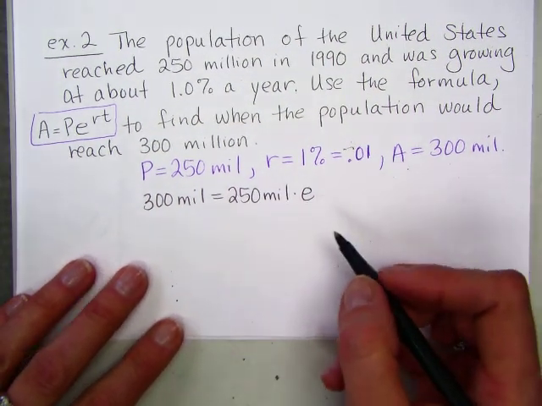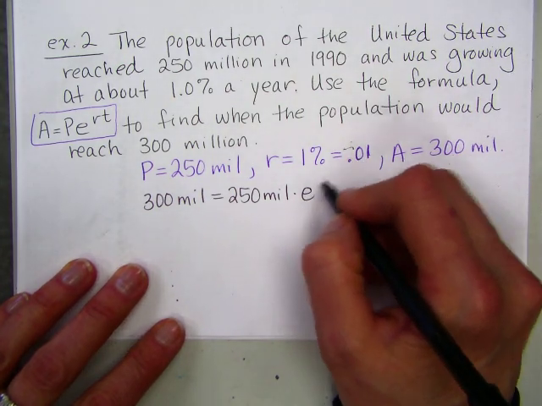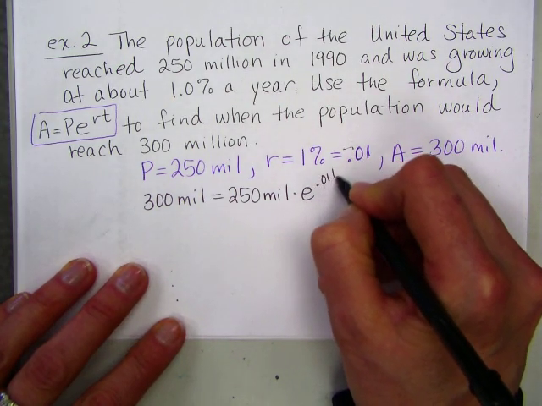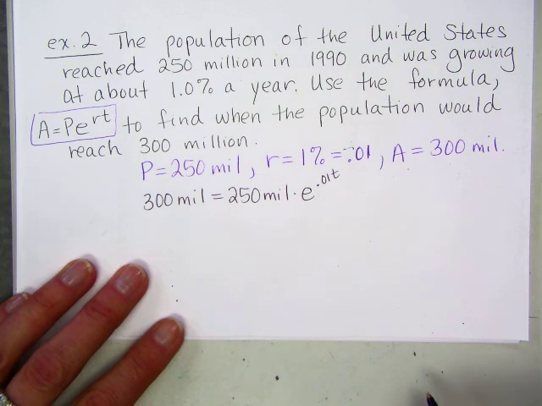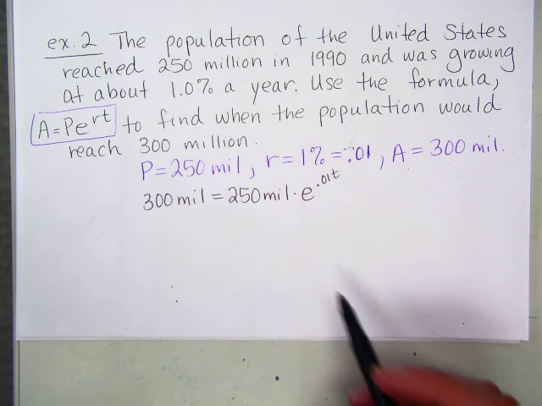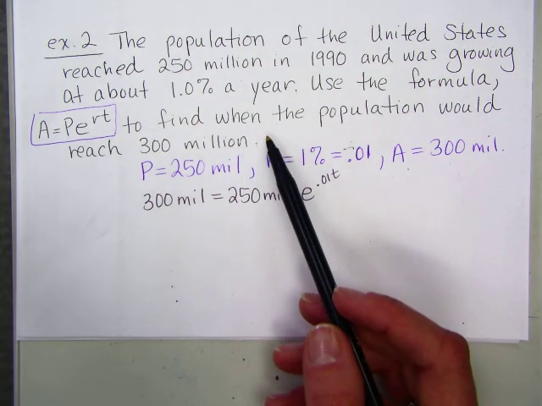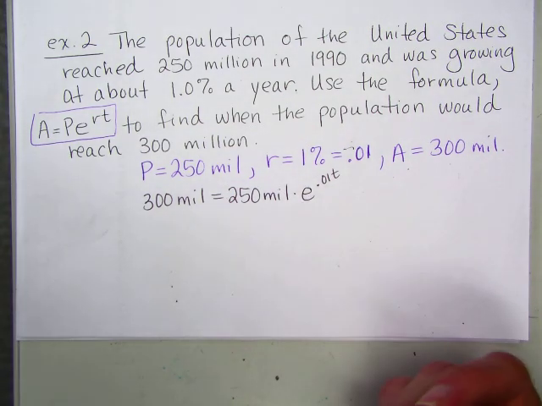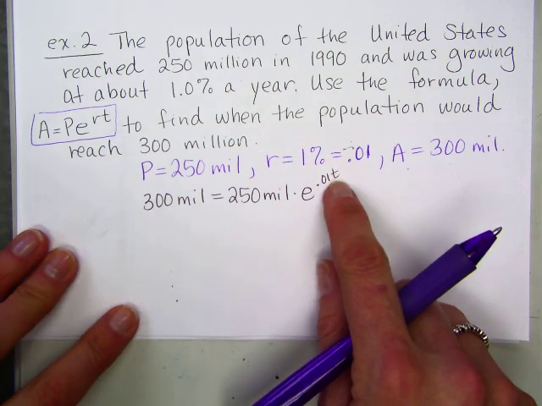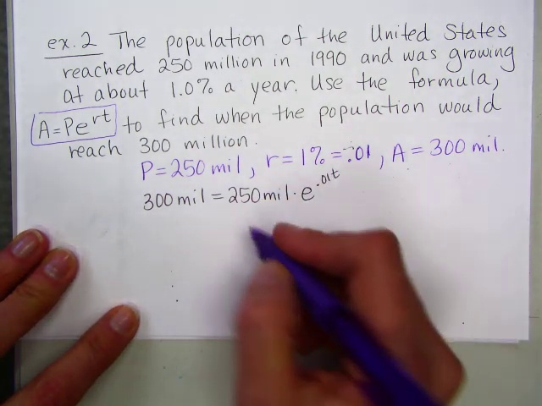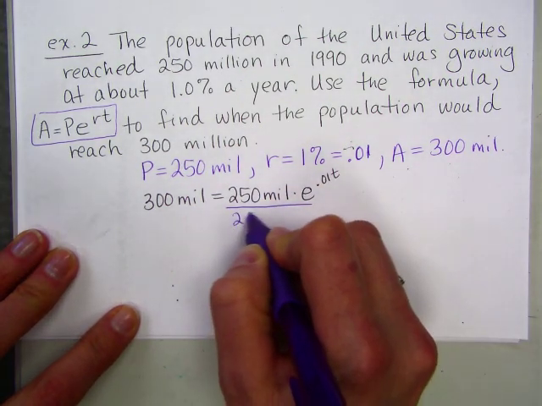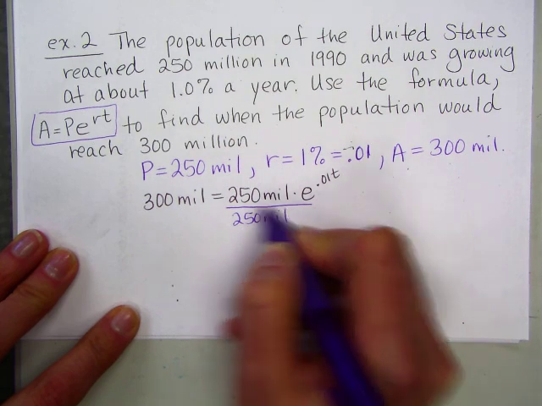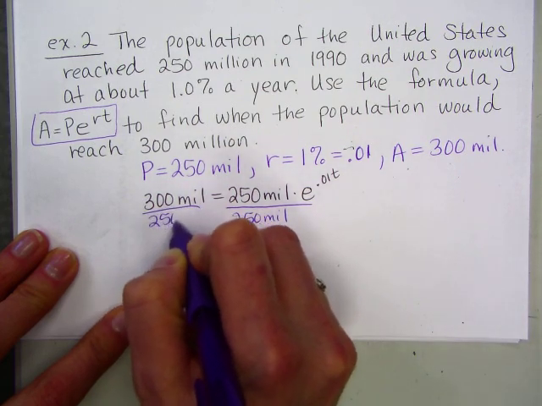It's just we use E to represent it, to the R as a decimal, 0.01 T. Once again, we're trying to find T. And in order to do that, we got to use this equation. But before we can bring the T out front or anything like that, we got to get rid of this 250 million. So let's divide by 250 million on both sides.